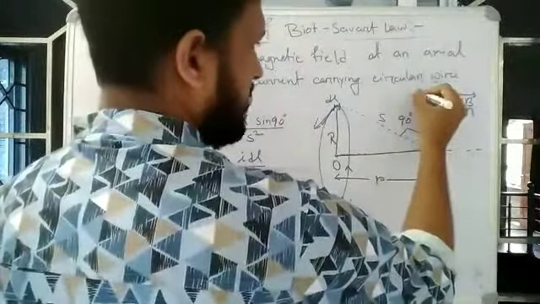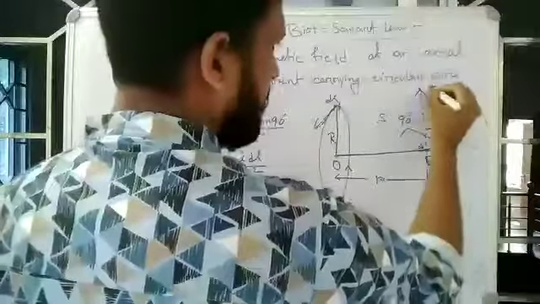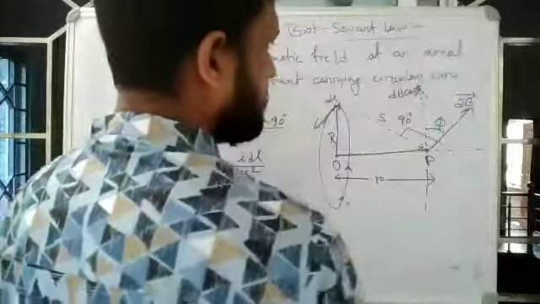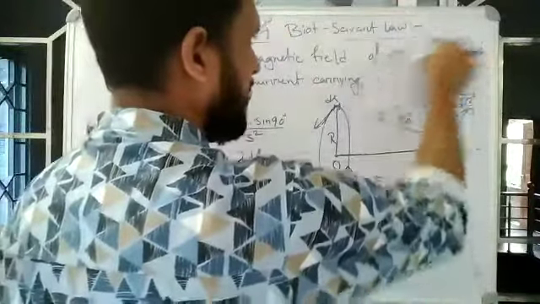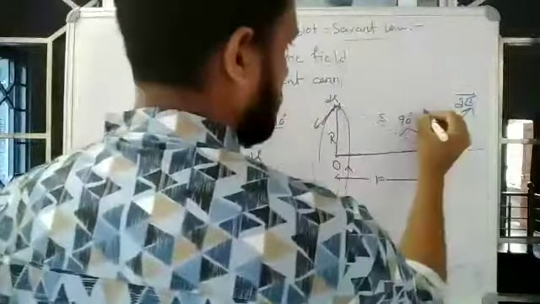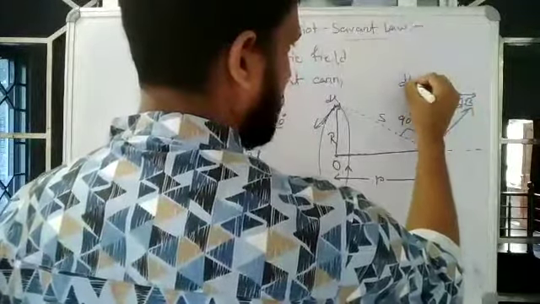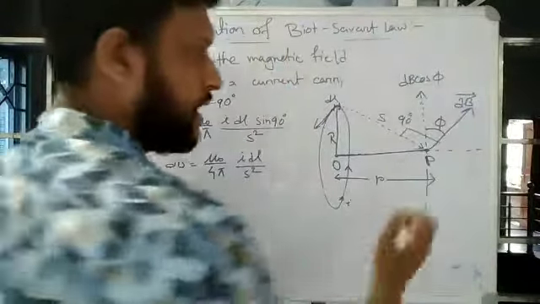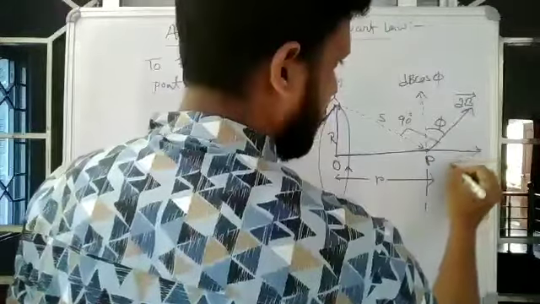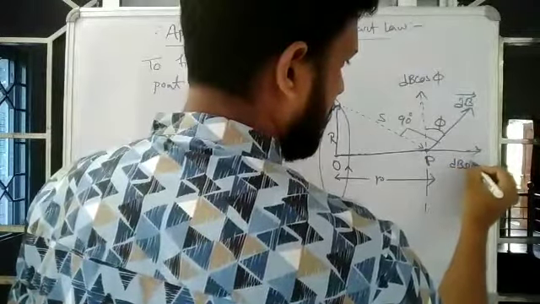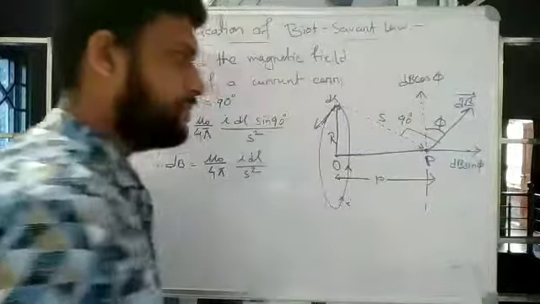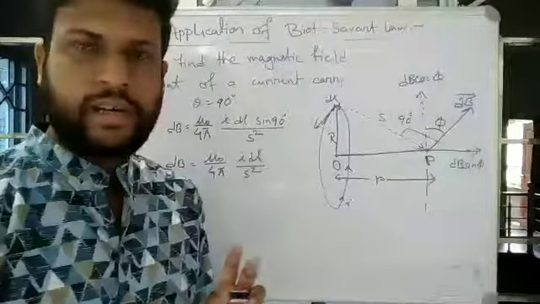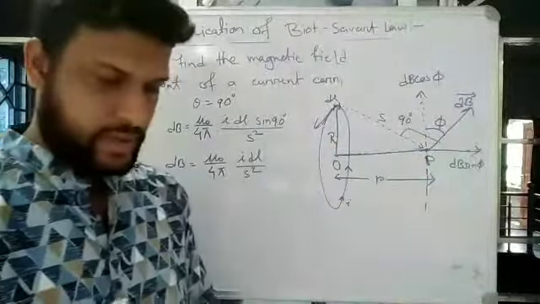So along this direction the component will be dB cos phi. Let me write it on paper. This component will be dB cos phi, and in this direction the component will be dB sin phi. Understood? Hopefully you have understood this component division of this dB.